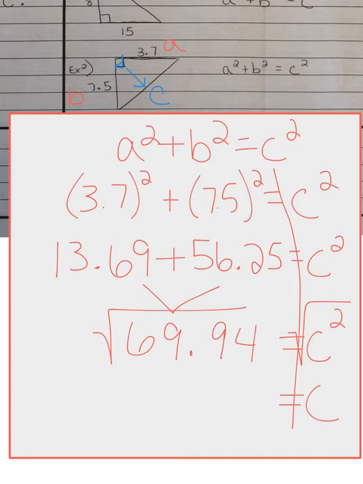It is a website, desmos.com, and you can use their calculator, and that'll work as well. And when you type in the square root of 69.94, you get the side length for c is 8.36, which is the longest side, as it should be. C is always the longest side.